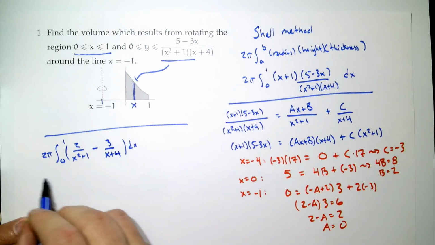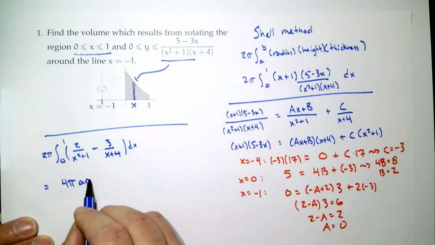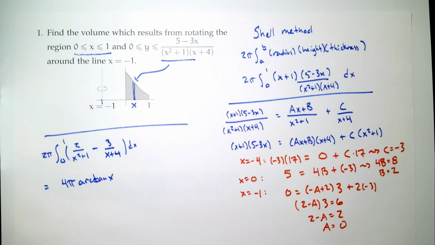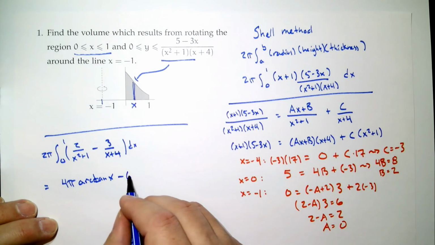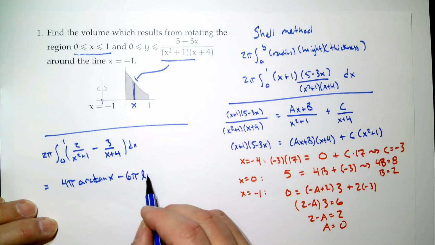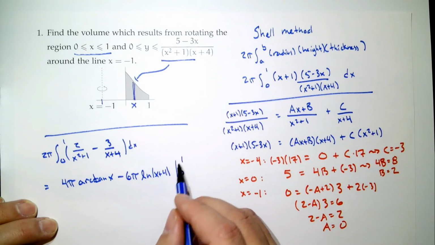So this becomes 4 pi arctangent x, because 1 over x squared plus 1, that's a good function. You should know that one. You should predict, I wonder if he's going to have an arctangent on this test. Who knows? Minus 6 pi log of x plus 4. And then we're evaluating from 0 to 1.